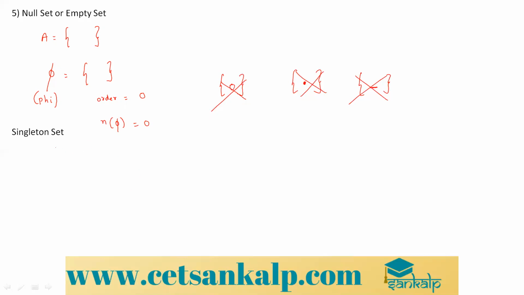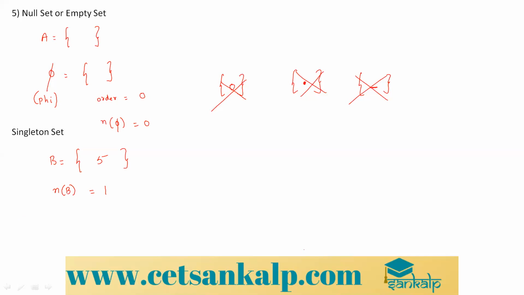The next is the definition of singleton set. The name itself will tell you single. If there is a set B in which there is only a single element, only one element, like only the number 5 is there. So, number of elements in the set B is 1.